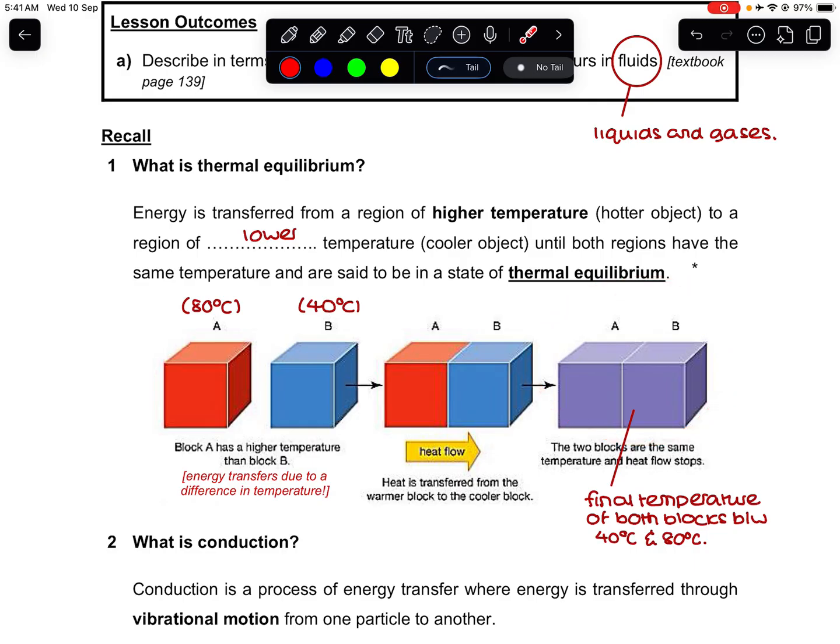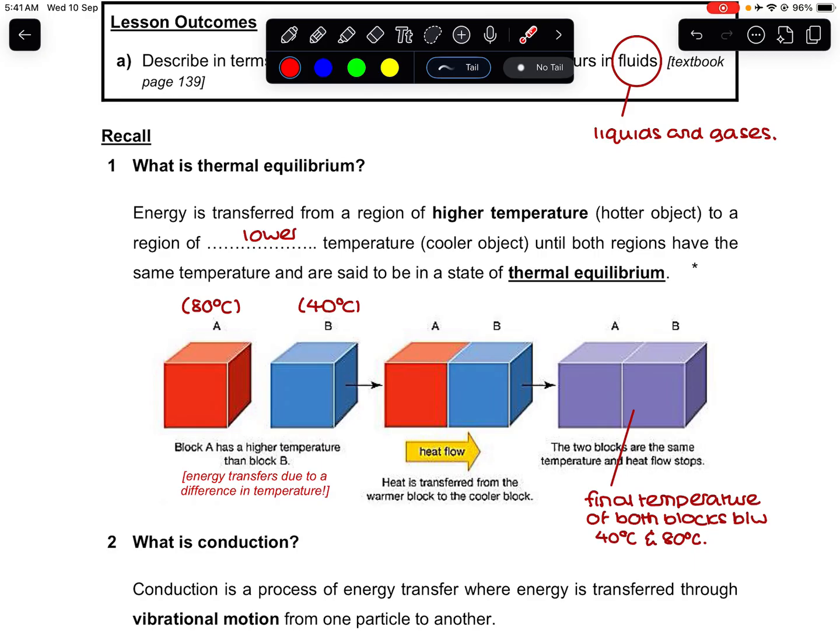Now, this final temperature obviously will be between 40 degrees Celsius and 80 degrees Celsius, simply because once block A loses energy, the temperature decreases. For block B, it gains energy, the temperature increases. So it will reach a point between 40 degrees Celsius and 80 degrees Celsius.